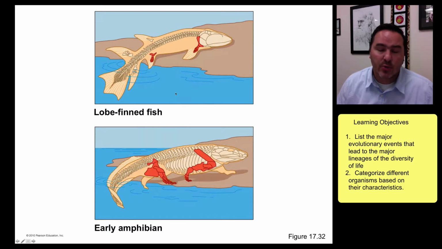How this occurred, we actually have a really good explanation, and there's some good videos that I'm going to post as well. But basically what happened is you had a fish that evolved to have its fins turn into the legs, right, and the appendages here. And this is where you get the evolution of what's called tetrapody, or 4 limbs.